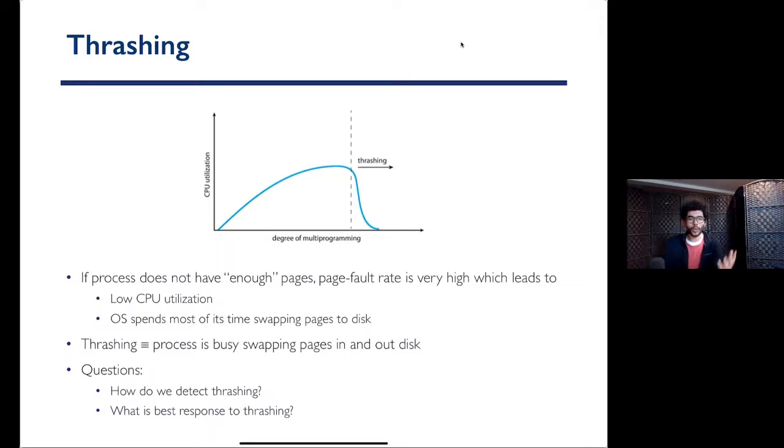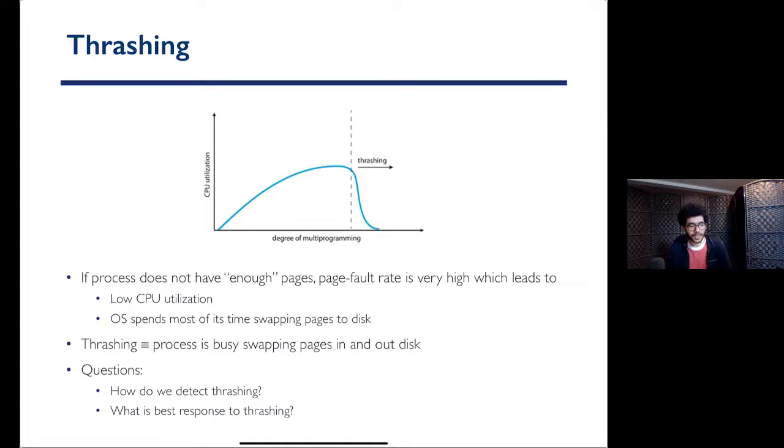And at some point, your system crashes. Your system becomes not responsive. So what is happening? Why is opening a lot of applications, even if I'm not using them, bringing my system down?